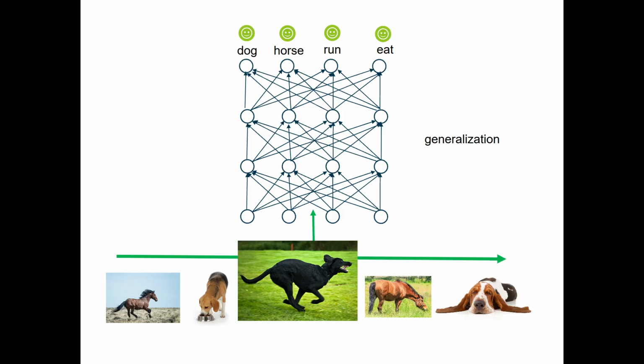This is called generalization. That is to say, at a certain point, not only is it able to accurately predict the outcome of the images given to it as examples, but if it's given new images with which it hasn't been trained, it will also be able to predict correctly.